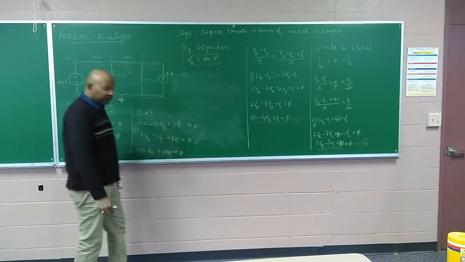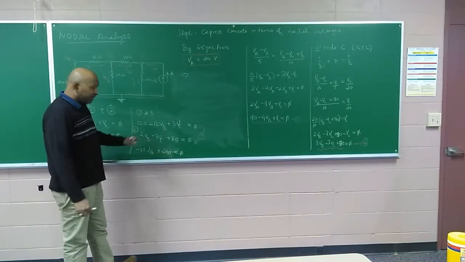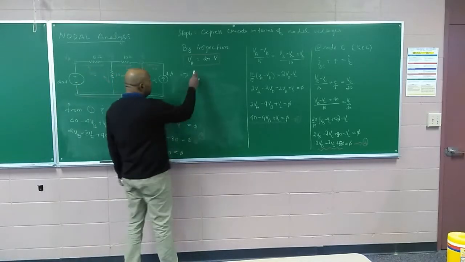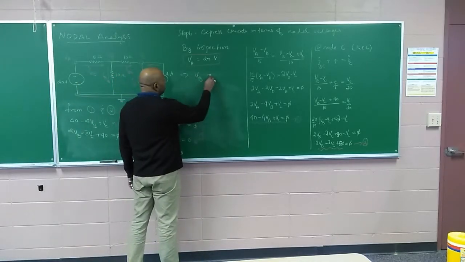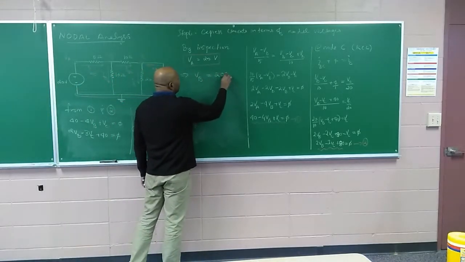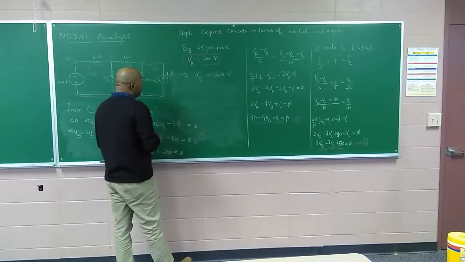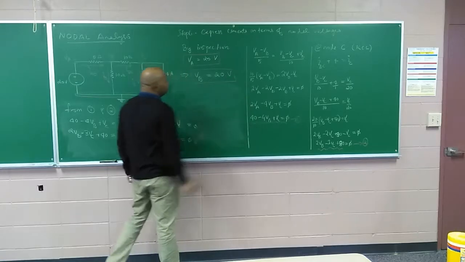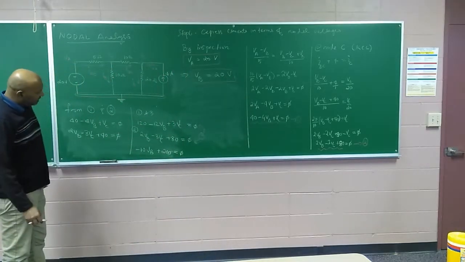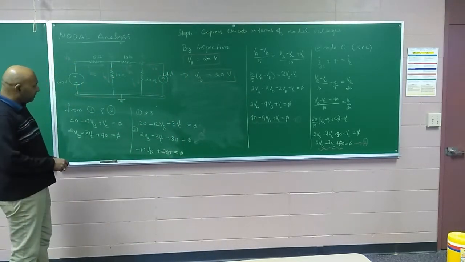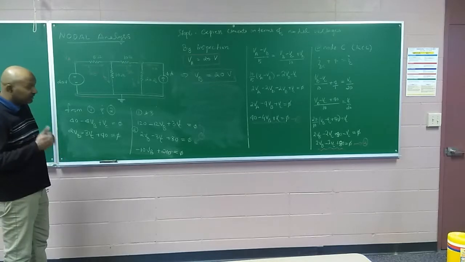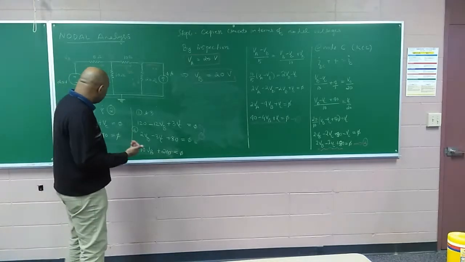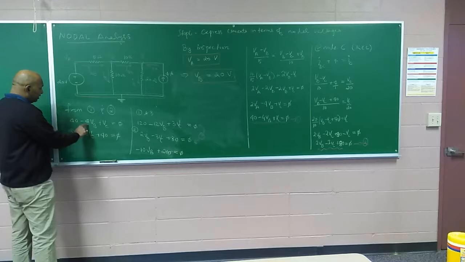Take 200 to the other side, it becomes minus 200, minus minus cancel, so VB will then be equal to 20 volts. VB is equal to 20 volts. And if VB is equal to 20 volts, then all I have to find is VC.